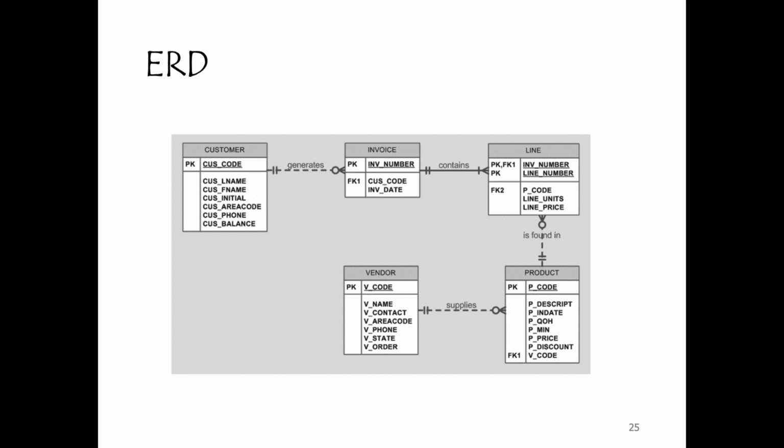Now we are going to write down actual logical models for this given ERD. I mentioned before, but let's look at this customer, invoice, line, product, and vendor ERD diagram. This is a complete, good ERD diagram, and it describes all the information about customer and its attributes, invoice, and how they are related, and the same for all other entities and relationships.